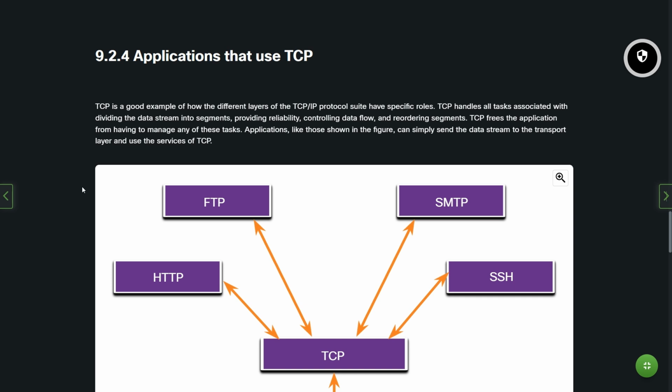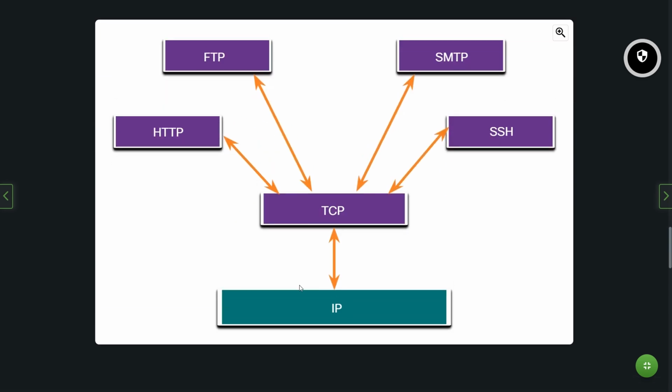Applications like those shown in the figure can simply send the data stream to the transport layer and use the service of TCP. And this is the IP layer. The next is TCP, and the next is the application layer. Examples are HTTP, FTP, SMTP, and Secure Shell.